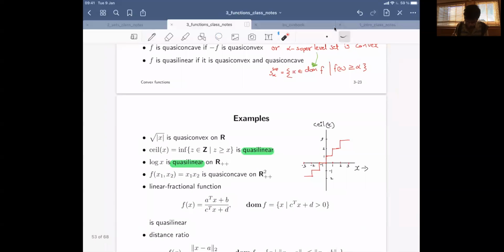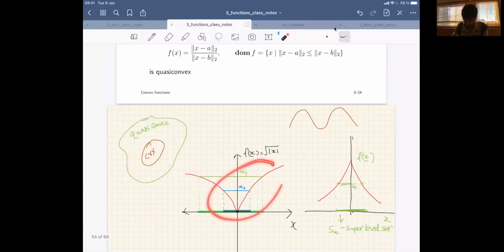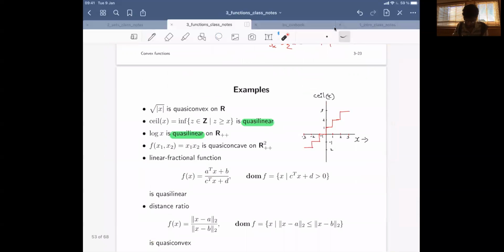Let's see some more examples. One is root of absolute value of x, which we already saw is a quasi-convex function. Another function is ceil of x. What is ceil of x? It is the next integer above. If you have 1.2, ceil of x will be 2.